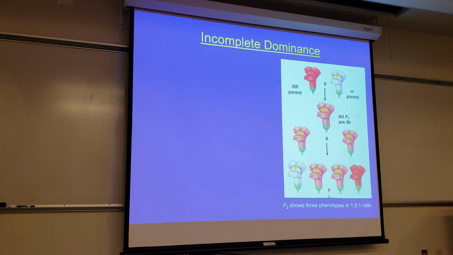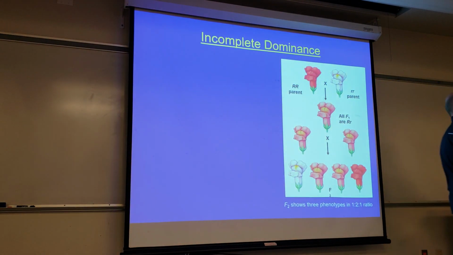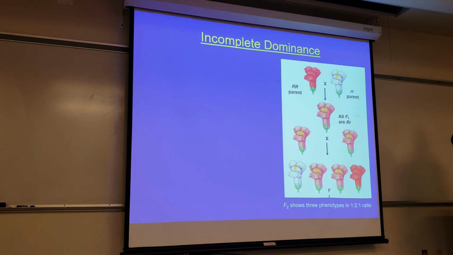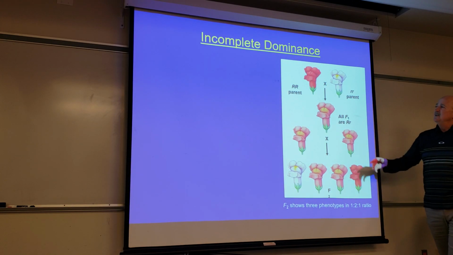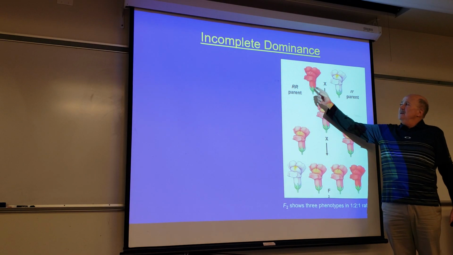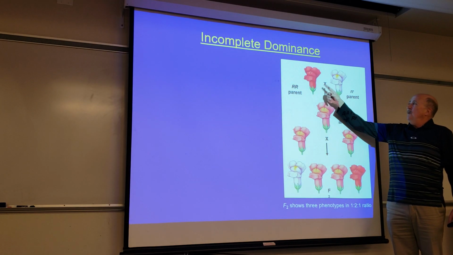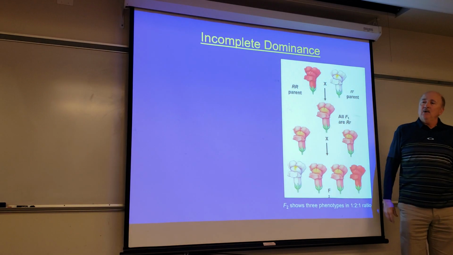Now, I don't want you to think that when we're looking at genes, the only option is that a gene has 2 alleles and they're either dominant or recessive. The reality is often much more complex than that. So you can have, for instance, incomplete dominance. In this case, if you take a snapdragon that's red and you mate it with a white one, you end up producing hybrids that make pink flowers.